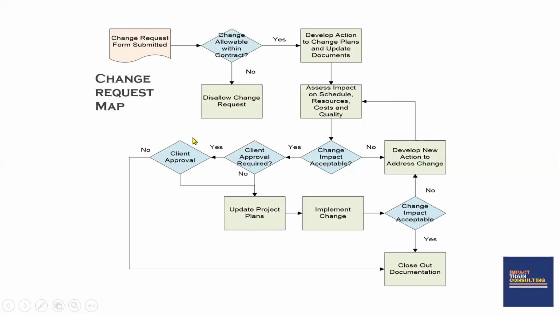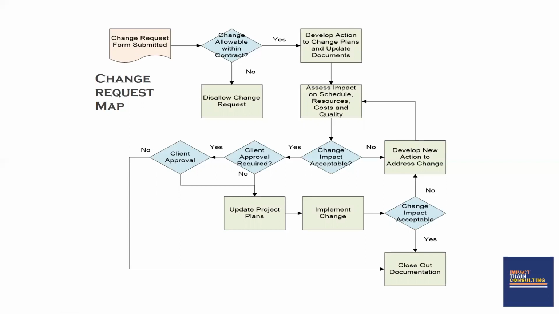Now, as we can see, this is where the change is requested. So an individual or a group is requesting that changes should be made on the project. Now, these diamond-shaped boxes are decision gates that you have to reach before any change is made. And so a request has been submitted to you about certain changes on the project.